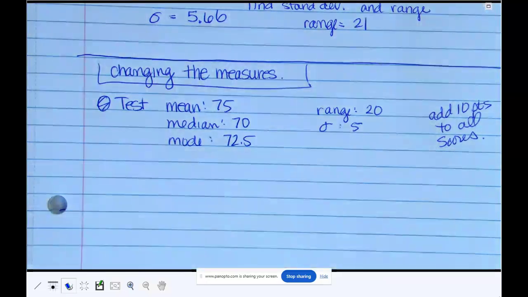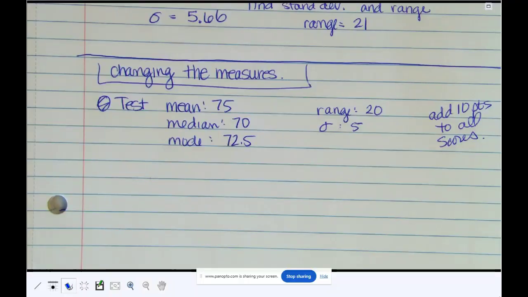We do not have any way to go back and regenerate what those numbers were because I'm not giving them to you. What would happen to the mean? How much would it go up? It would go up 10 because everybody got 10 points added to that.